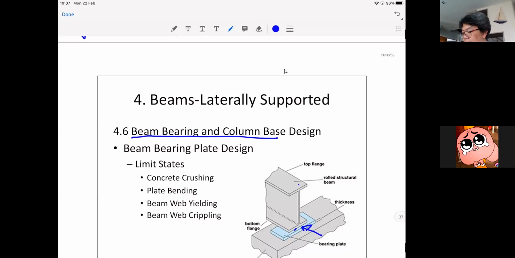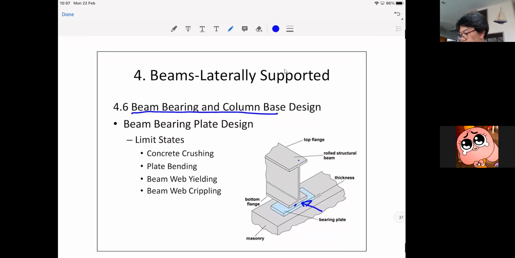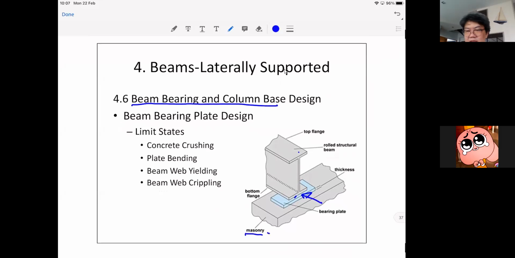It doesn't have to be masonry, it can be anything. It can be a concrete foundation or concrete beams. Let's say this must come into place before, right? So you can install this plate onto the concrete structure underneath, and then you will have the bolt coming up here.